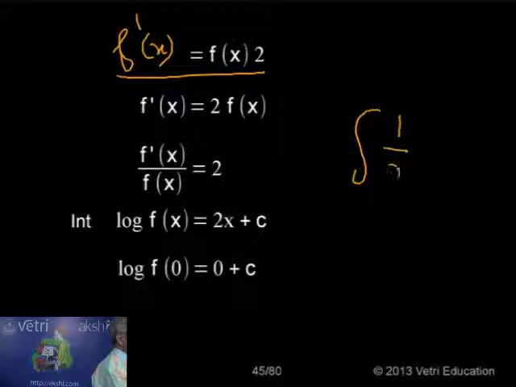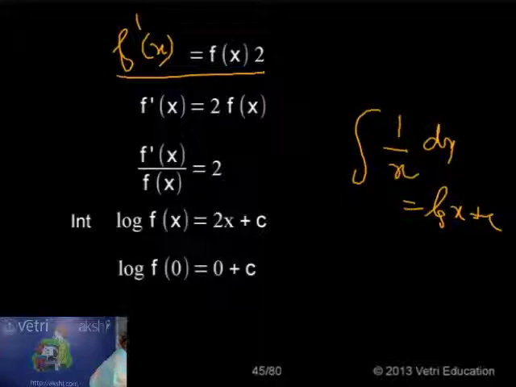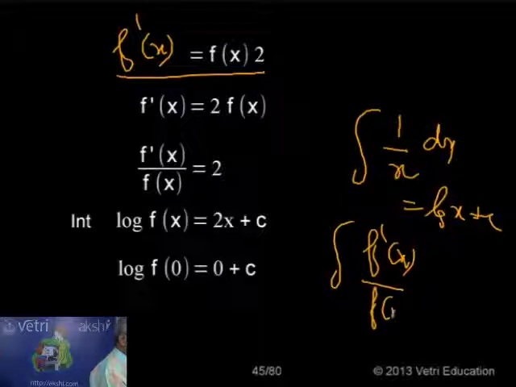We know the integral of 1 by x is log x plus some constant. If the numerator is the differentiation of the denominator, the integral is log of the denominator. That is, in general, if the integrand has f dash x by f(x), you get log of f of x.